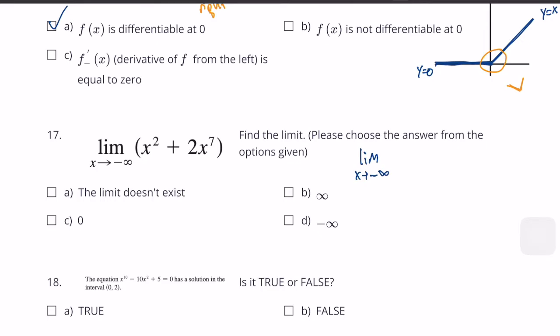We can think if we take x with power 7 outside, we will have 1 over x^5 plus 2. This is going to be 0. This is just a positive value. And when you look here, it's going to be negative infinity. Right? Okay, I hope that helped.